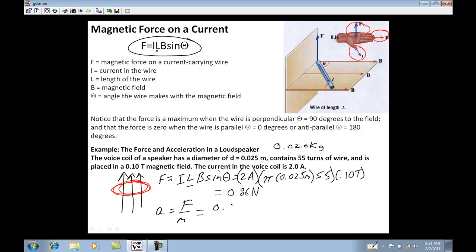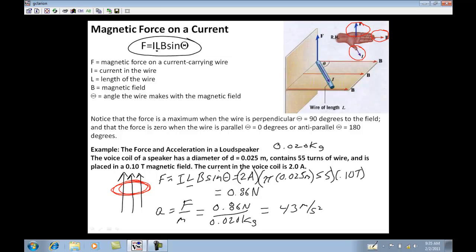So 0.86 newtons divided by 0.020 kilograms turns out to be 43 meters per second squared. So that's the acceleration that a coil in the speaker would experience given that force and that mass.